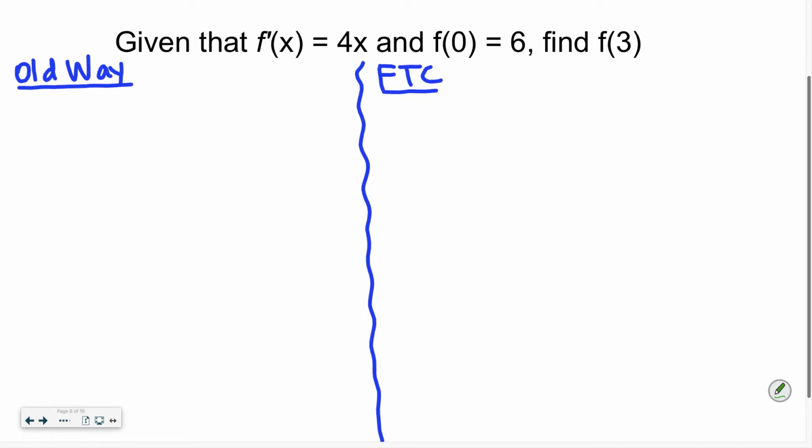Okay, so let's talk about how we would do this problem with the knowledge that we had at the beginning of the semester. What's the first thing that you did? Okay, we need to find f of x by finding the antiderivative. So f of x is the antiderivative of 4x dx.